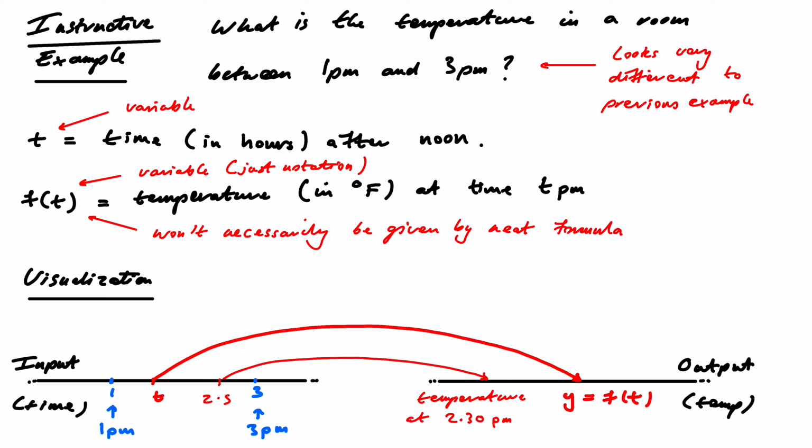We have two quantities related by some rule, and in this case, the rule is much more complicated than the previous one. It's talking about the way temperature changes over time in a room. But it's the same basic principle. We have one which is like an input, in this case the time, and the way we've set it up, the output is like the temperature. So if I say the input is 2, that means the output is the temperature at time 2 p.m.